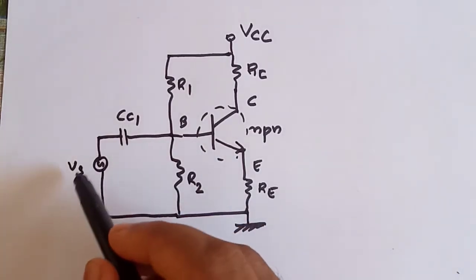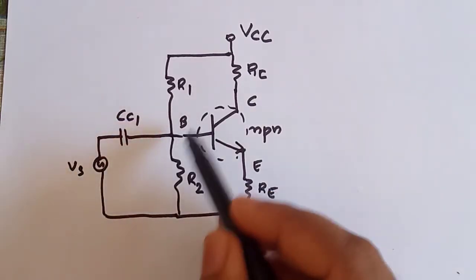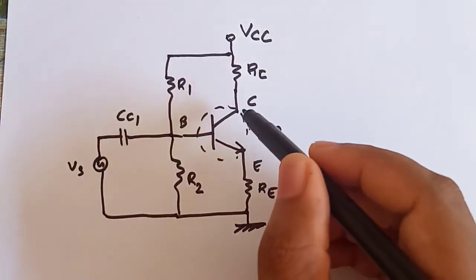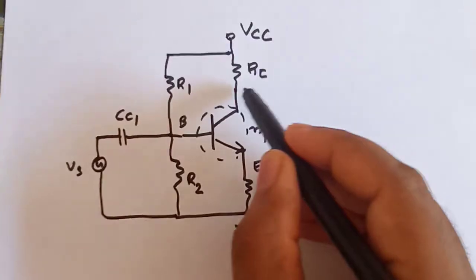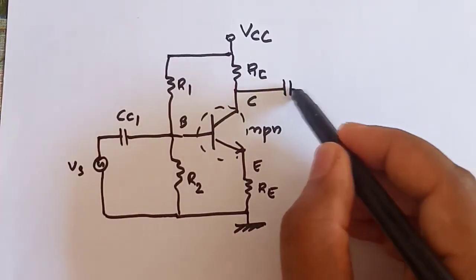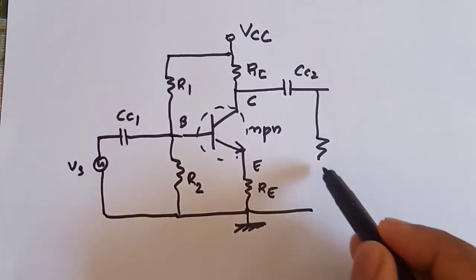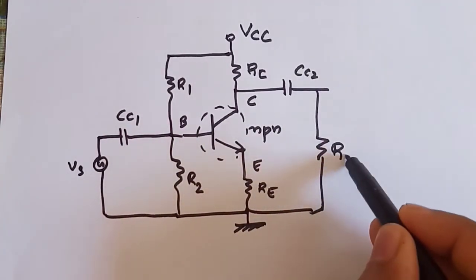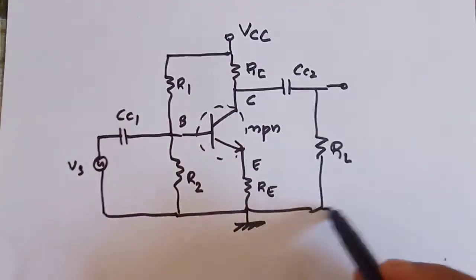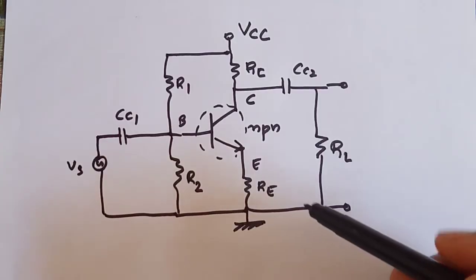This is the small input which is fed to the base, and the output is taken across the collector. There is a coupling capacitor Cc2, and output is taken across the load resistor RL. This is the circuit diagram of an RC coupled amplifier.